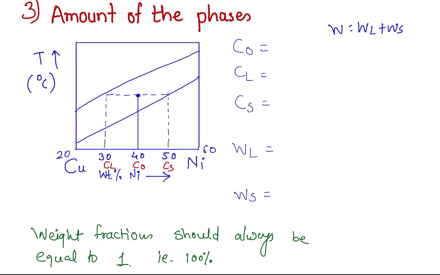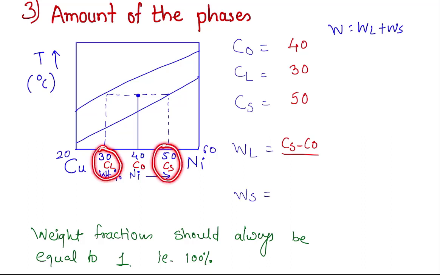So from this phase diagram, C0 is equal to 40, Cl is equal to 30, and Cs is equal to 50. So as I told you, to find out the weight fraction of liquid, you have to neglect the weight fraction of liquid. These two are remaining. Subtract smallest from largest. So it will be Cs minus C0, Cs minus C0 upon largest concentration minus lowest concentration, Cs minus Cl.